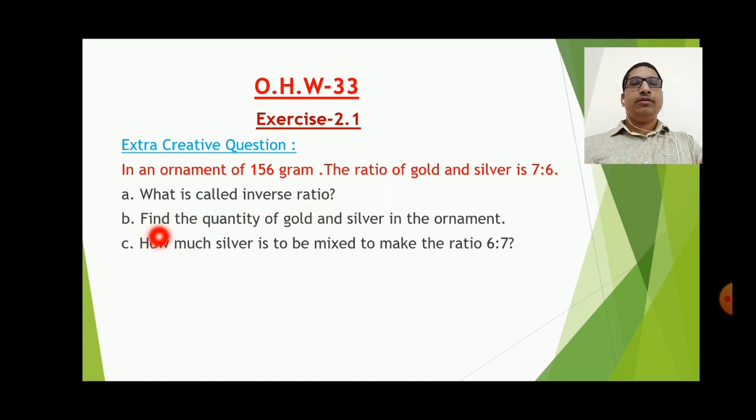Second question, find the quantity of gold and silver in the ornament. Third question, how much silver is to be mixed to make the ratio 6:7? Actually we have already solved all these questions. Now you will write this question in your SW copy and you will submit it on time.